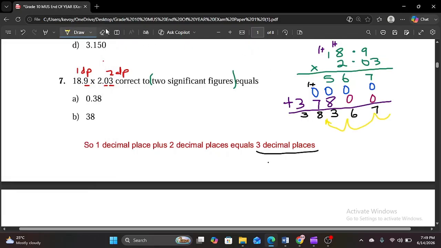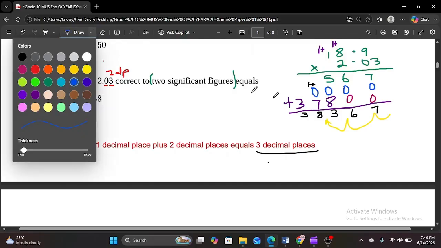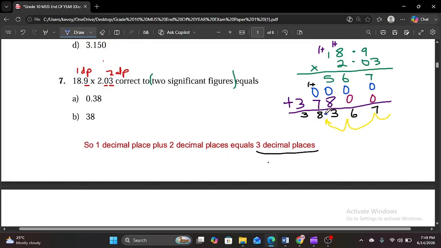So your decimal point would be right here. So your answer would be equal to 38.367. So that's going to be your answer when you multiply 18.9 times 2.03.